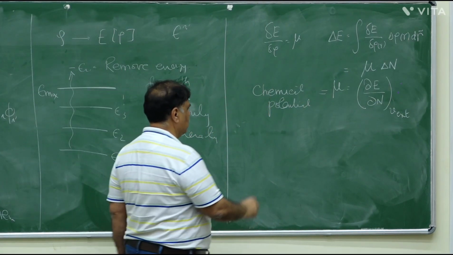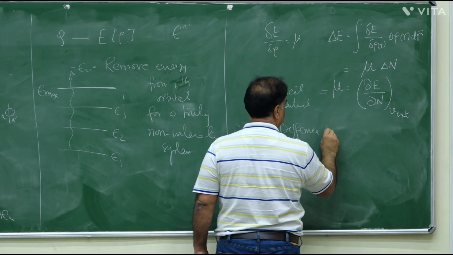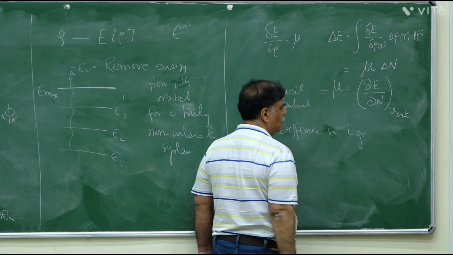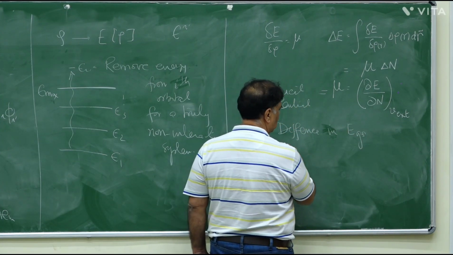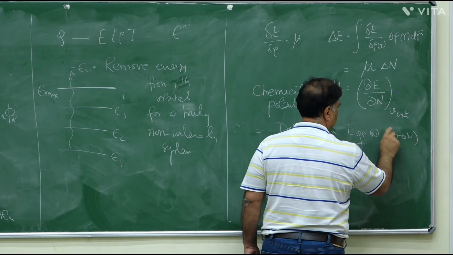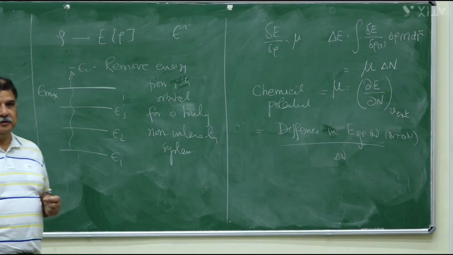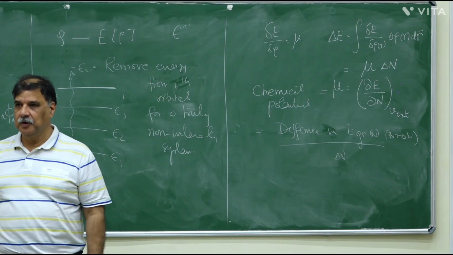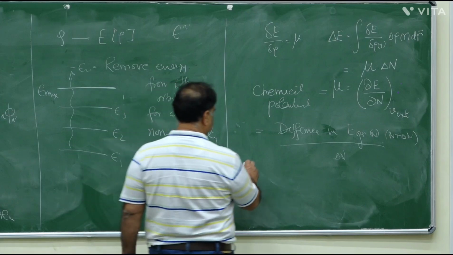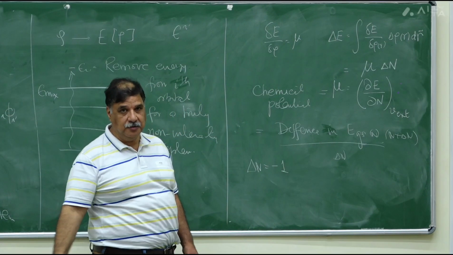And what is this? It is the difference in the ground state energy for N and N plus delta N, divided by delta N. So this is the minimum energy required, like the ionization potential or electron affinity. If I take delta N to be minus 1, that means I am removing an electron.